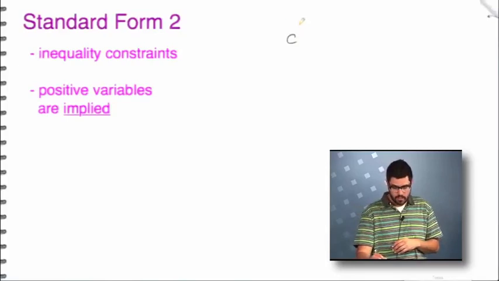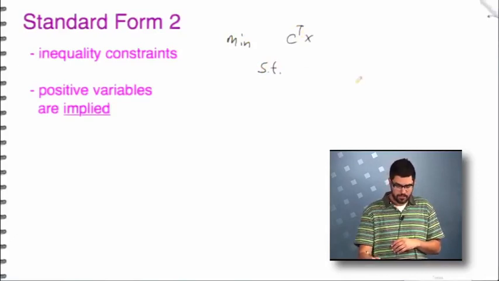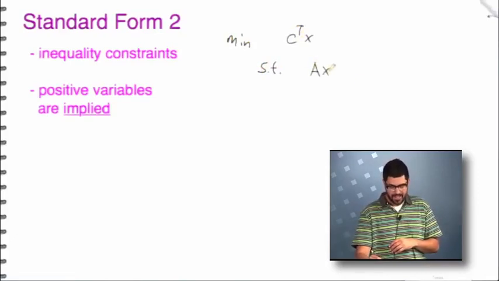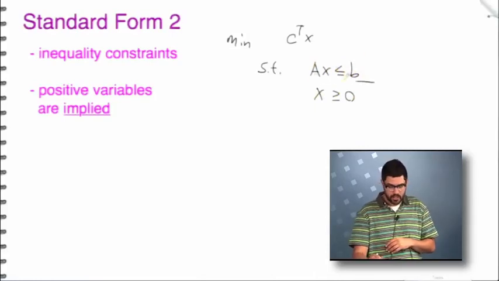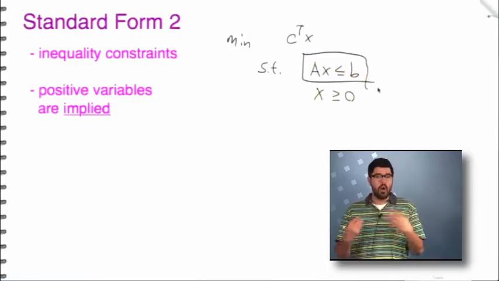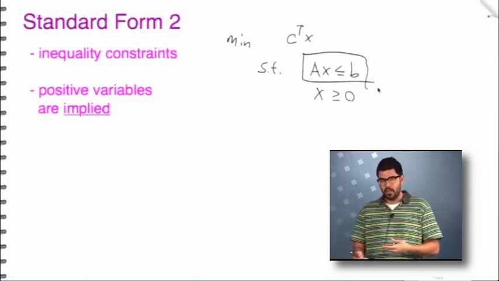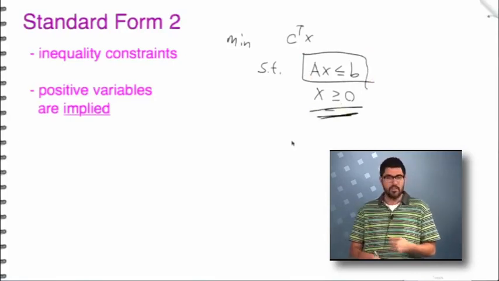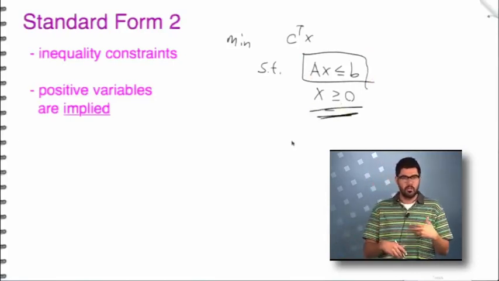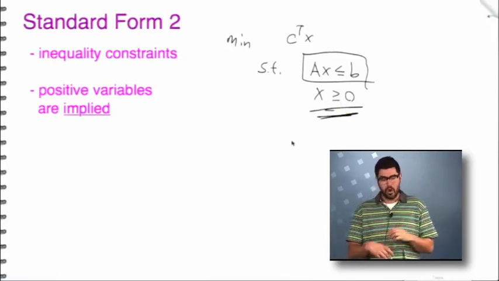Okay, so we have minimize C transpose X, subject to AX is less than or equal to B, and then of course the implied X is greater than or equal to the zero vector. All right, so the only difference is in the standard form 1, it was AX is equal to B. In standard form 2, it's AX is less than or equal to B. But this non-negativity of your variables is still part of the form.